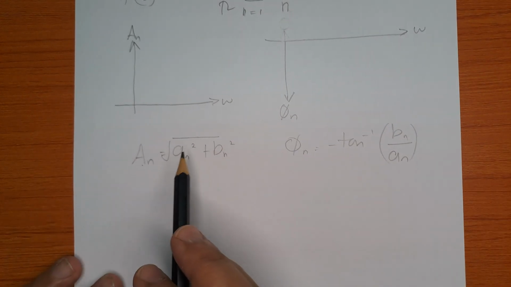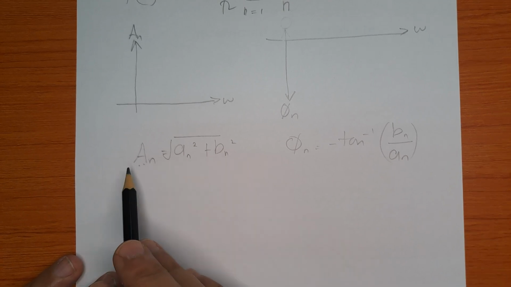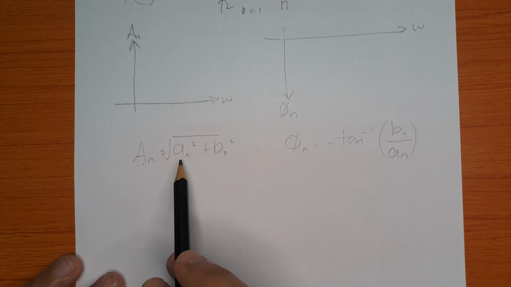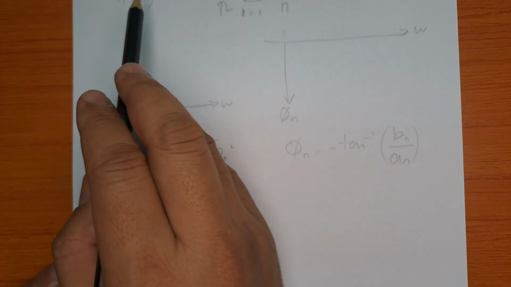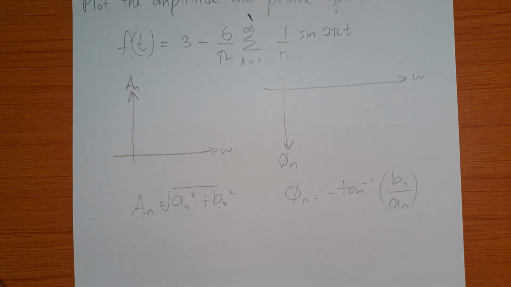So in order to get the amplitude and phase, we have to get the coefficients an, bn from this function f(t).